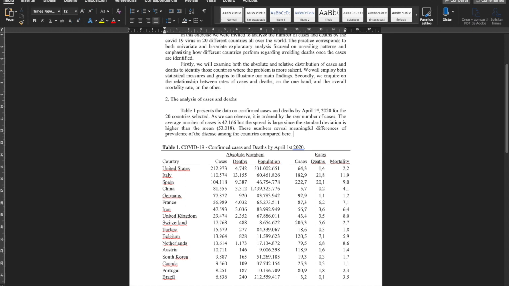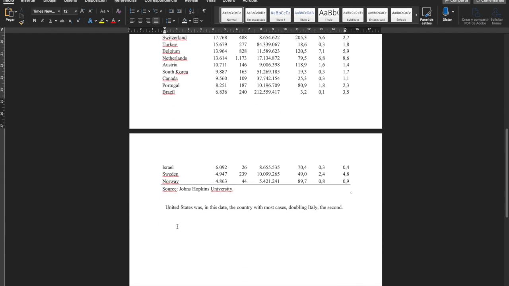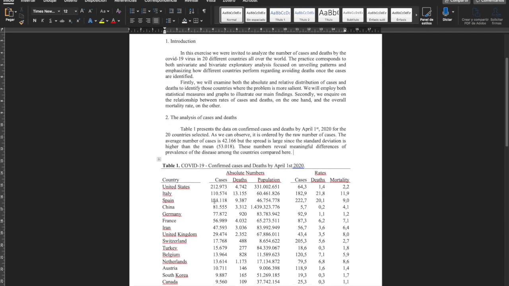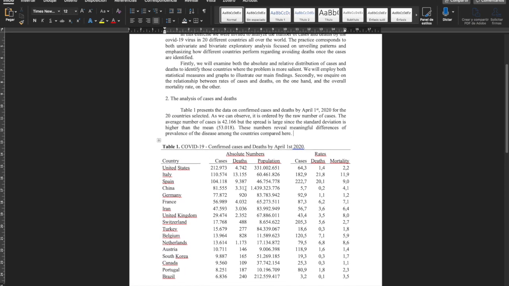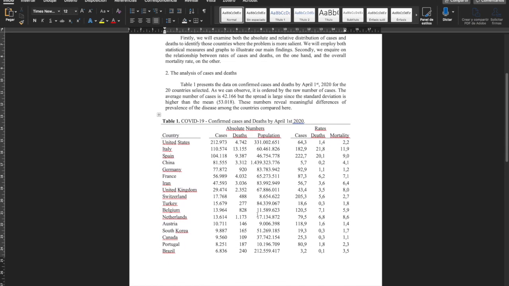So you have the United States with 212,000 cases, and you have Norway with just 4,800. So you have huge differences between countries. Okay, so the first thing you need is to express this distribution.